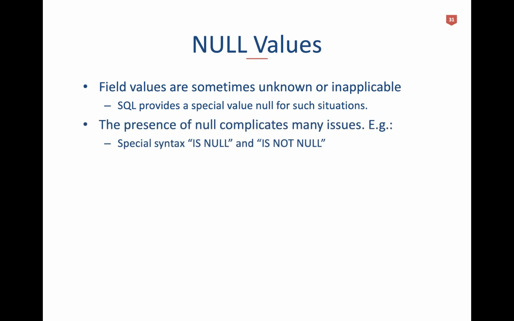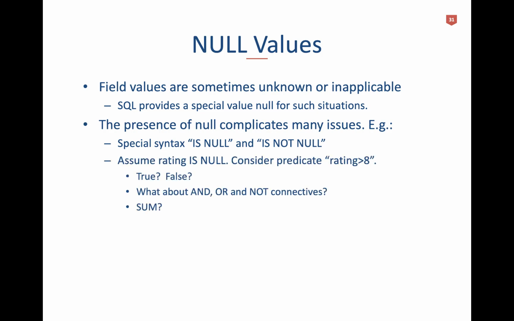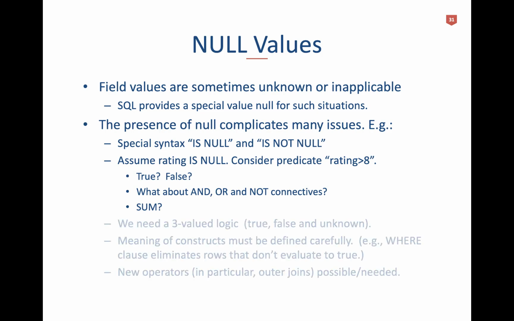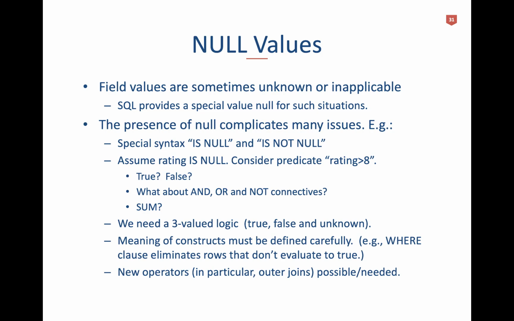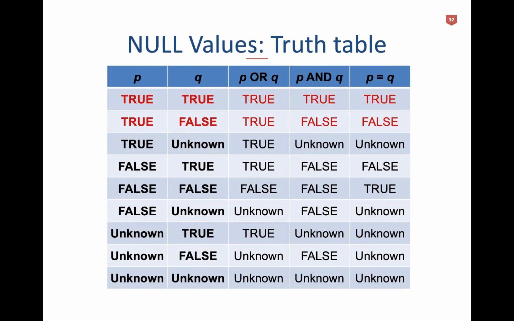Now, the last thing I want to talk about are null values. We know that in SQL and databases, you have null values. These null values have to be treated in a different way because they're neither true nor false. So we have to look into a three-valued logic, which is true, false, and unknown, and that's the truth table.